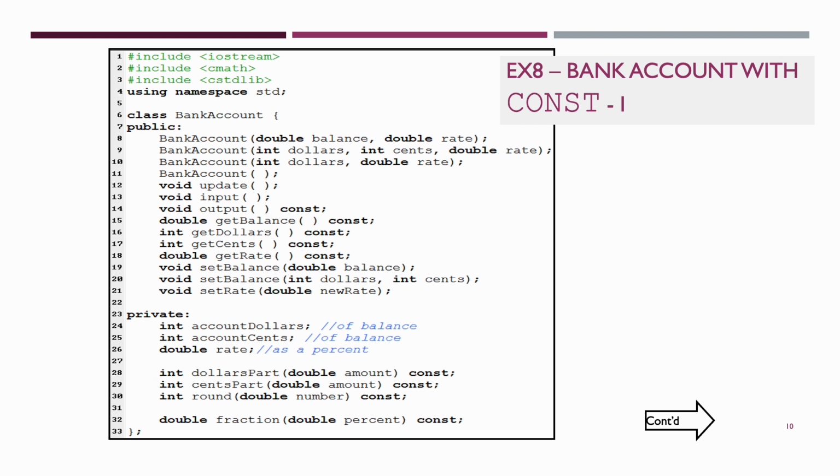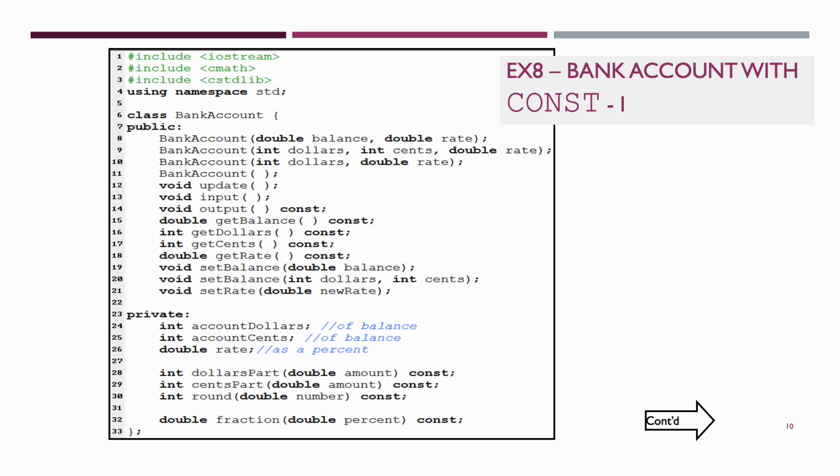So in addition to the public methods, there are some private helper functions that assist with operations such as splitting an amount into dollars and cents, where we have integer dollars part which is constant, and integer cents part which is also constant, integer fraction, double fraction, integer round.